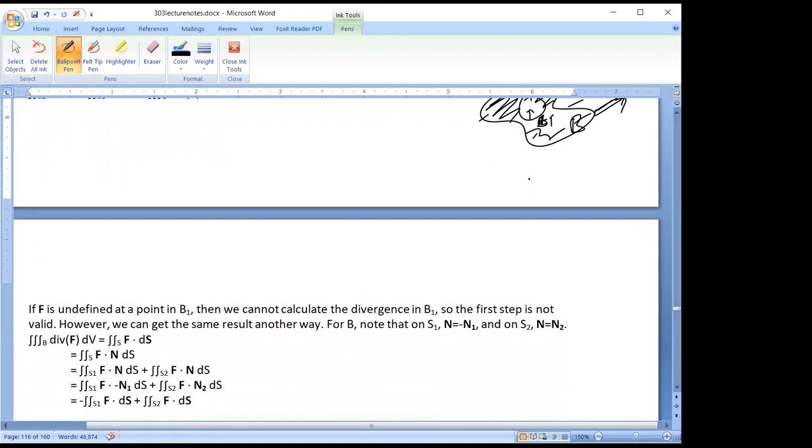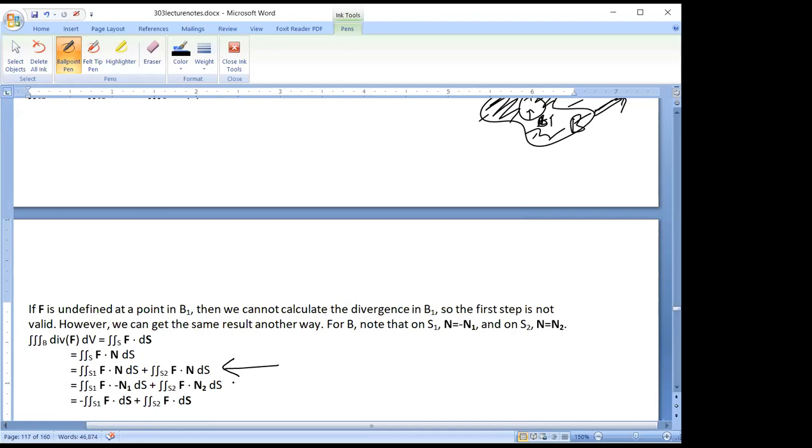So the triple integral over B, the between solid, of divergence of f dV is, by Gauss's theorem, the double integral over the surface of f dot dS, which of course is the double integral over the surface of f dot unit normal n dS. Break that up into the two surfaces, so two separate integrals. And then on S1, your normal is negative N1 because now it must be pointing outward relative to B, which was inward relative to B1.